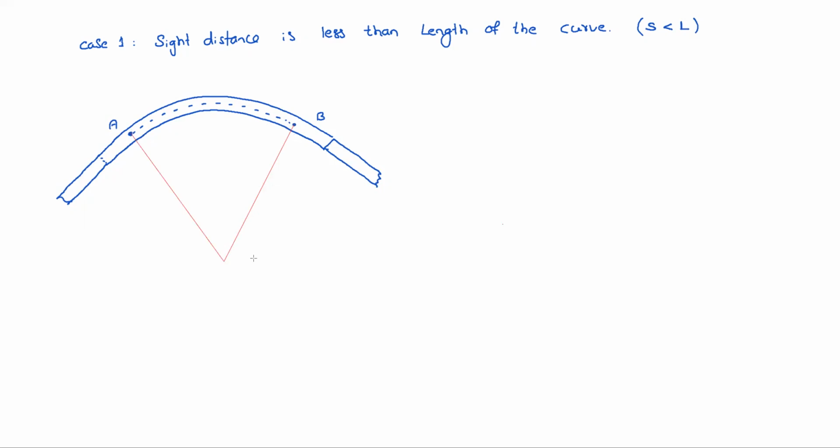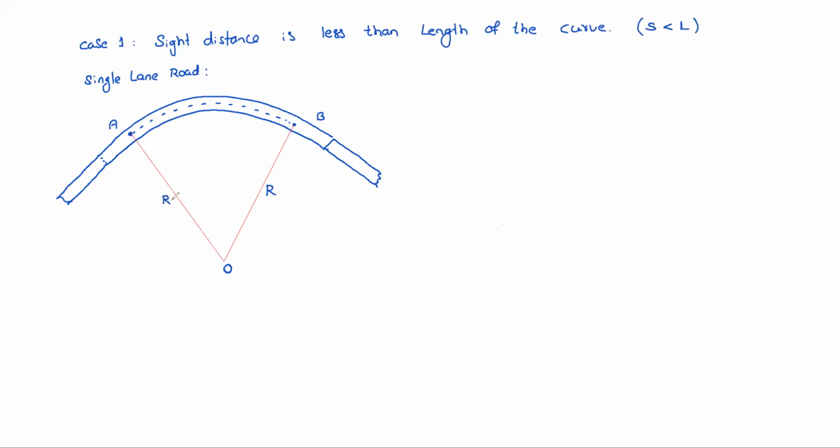Let us assume this is point O. This is the radius from O to the center line. We are assuming single lane road first. Up to the center of the road, this is the radius R.